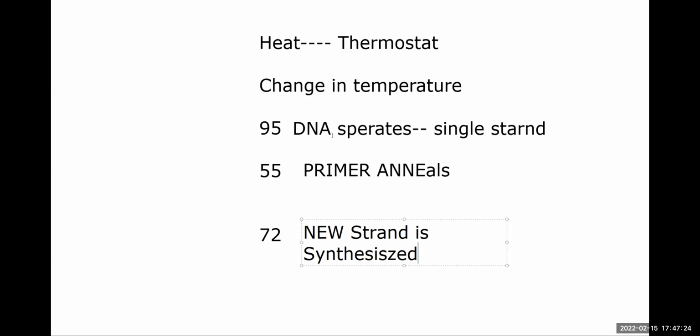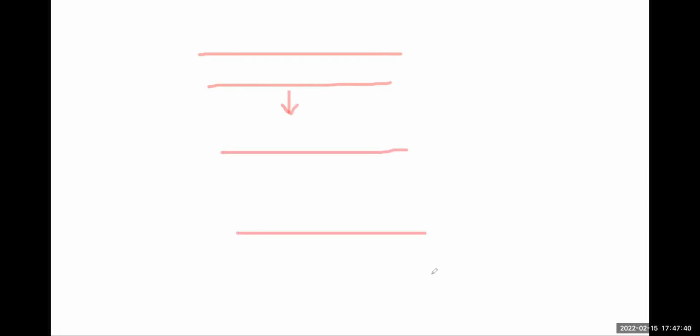Let me explain to you with the pictures. Let's say this is the DNA. At 95 degrees, the DNA separates. And then the temperature is reduced. Then this particular DNA tries to come closer to each other because it is no more denatured. The temperature has been reduced from 95 to 55.